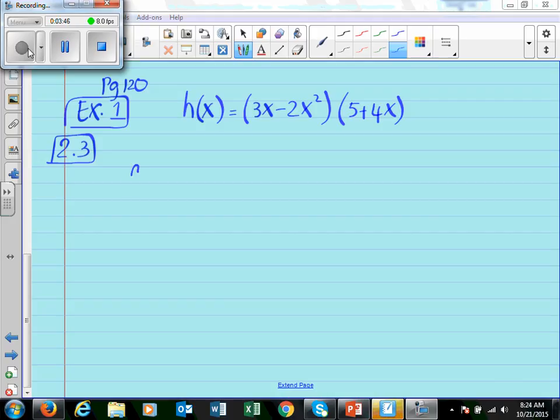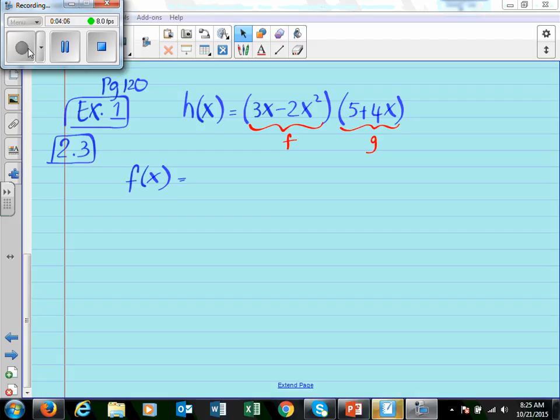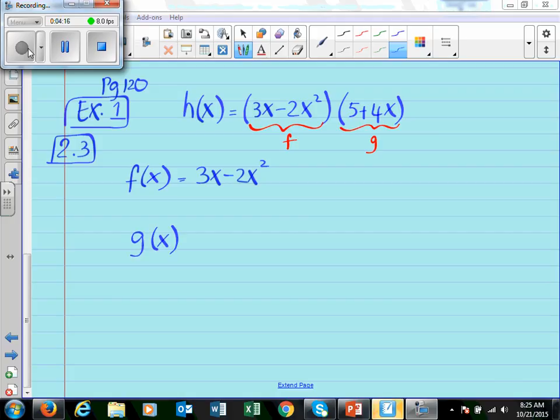So let f of x be the first function and g the second. So f of x equals 3x minus 2x squared, and then g of x is the other function.